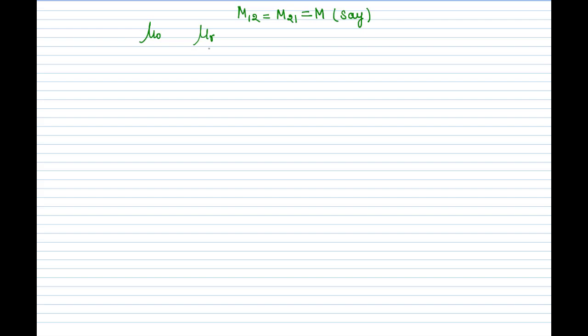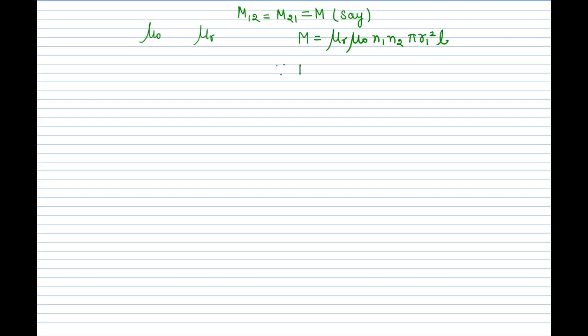So if a medium of relative permeability mu r is present in the solenoid, then capital M will have the formula mu r mu naught N1 N2 pi R1 squared upon L. Only we have multiplied with mu r. The mutual inductance of a pair of coils, which may be solenoids or any coils, depends on their separation as well as their relative orientation.